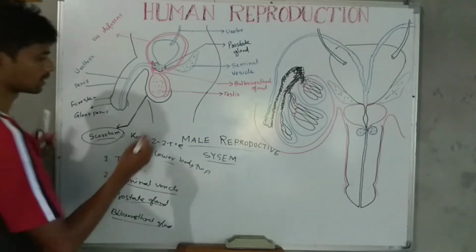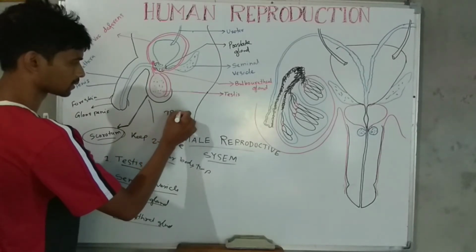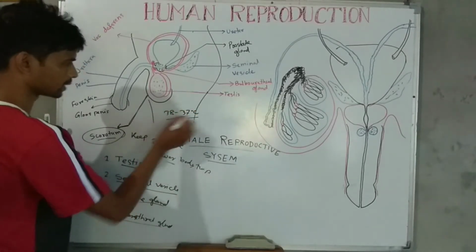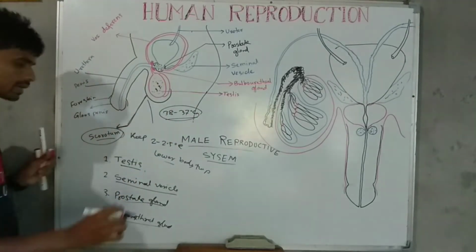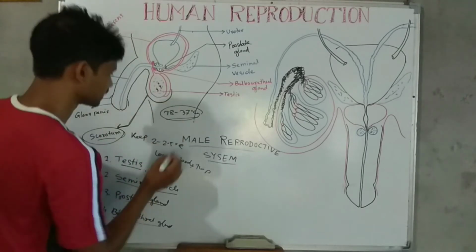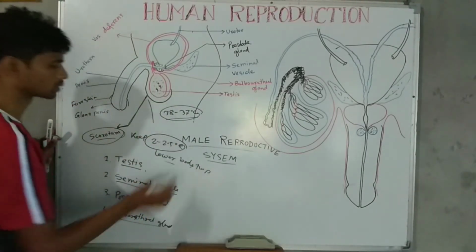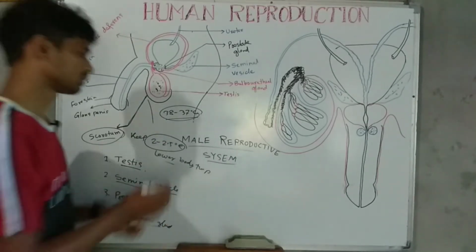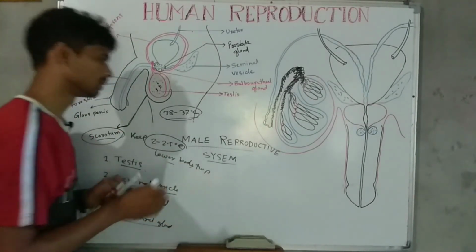Otherwise body temperature is 37 degrees Celsius, and at this temperature the sperm cells inside the testes would die or become immotile. So to keep them active, the temperature is lowered by 2 to 2.5 degrees Celsius. This is one function of the scrotum.